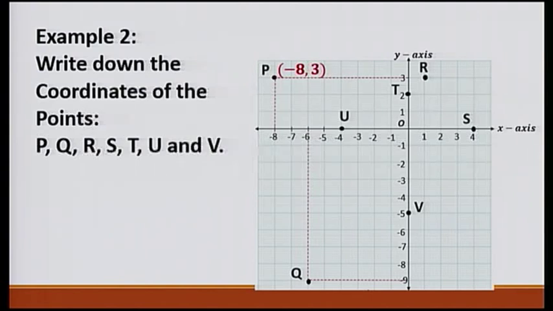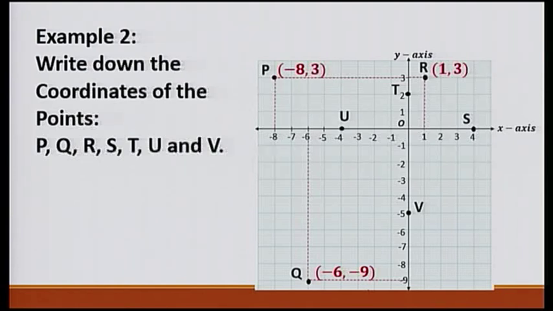The coordinates of the point Q are (-6, -9). Let's locate the point R now. The x-coordinate is 1, the y-coordinate is 3. The coordinates of the point R are (1, 3).